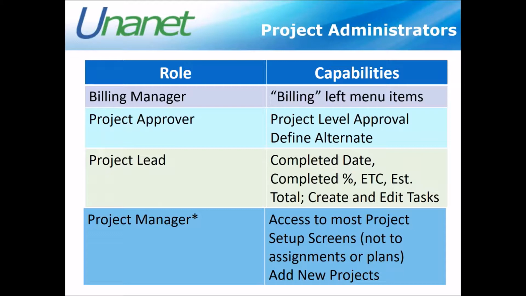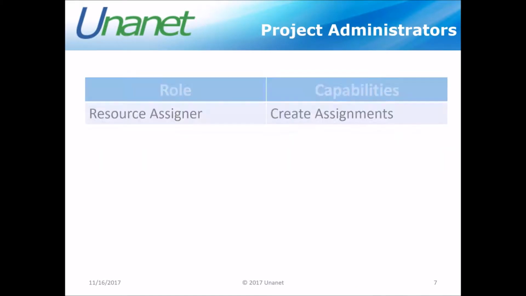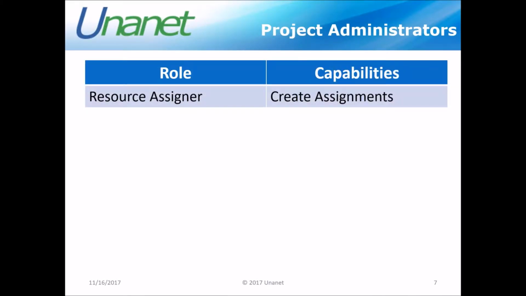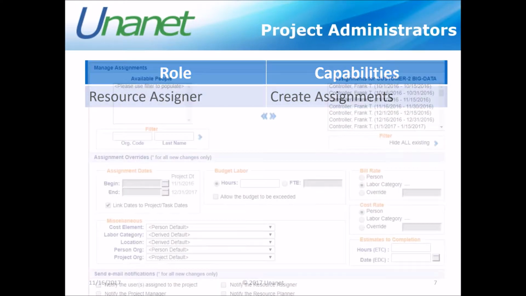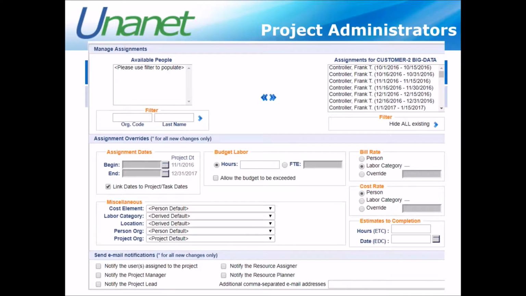Now, when we say it doesn't allow you access to the assignments or the plans, well, that's because there are specific roles for that. If you're going to assign people to the project, you need the role of resource assigner, because that is where you get to create your assignments by going in and saying, hey, this person is allowed to work on this project, or this person is allowed to work on certain tasks within a project.